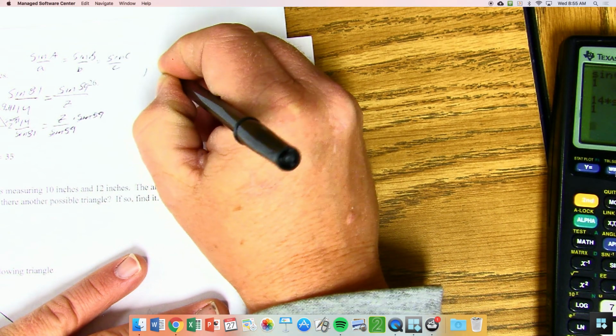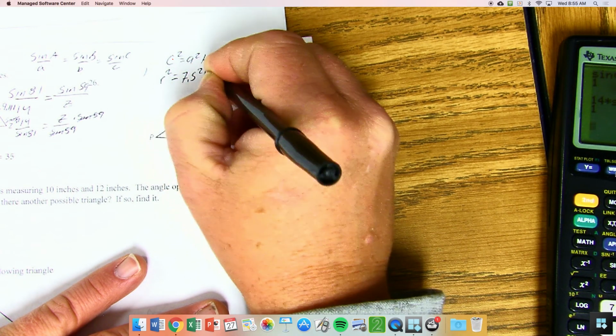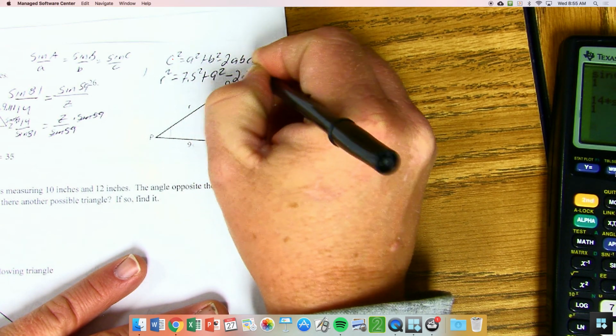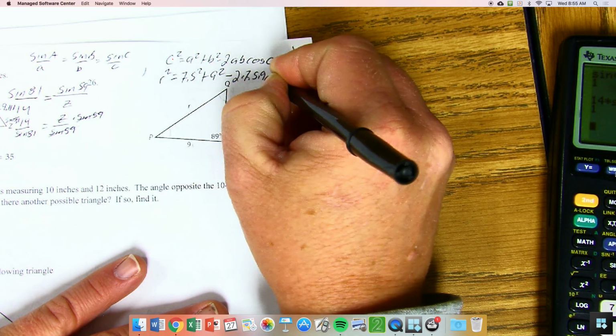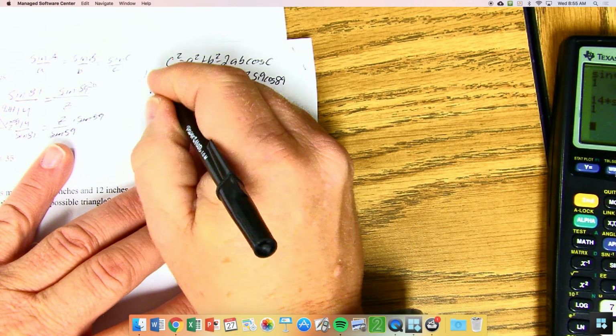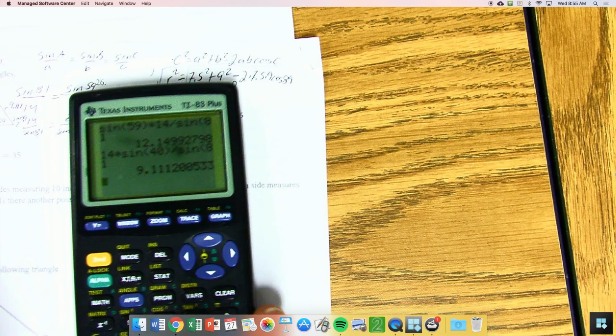So r squared equals these two sides, 7.5 squared plus 9 squared. Doesn't matter which one you put where. Minus 2 times 7.5 times 9 times the cosine of 89. Now to get r by itself, you just have to take the square root of that whole thing. So I can just plug in my calculator just the way it looks.